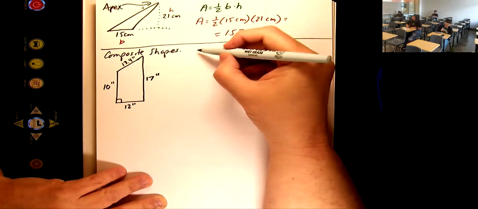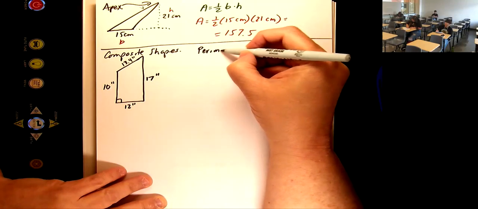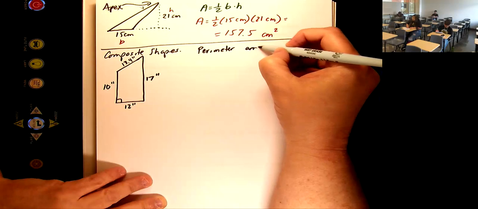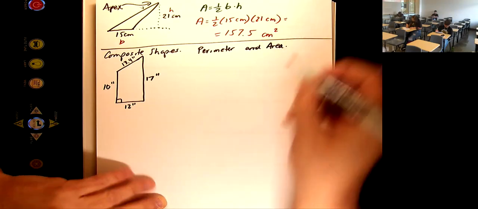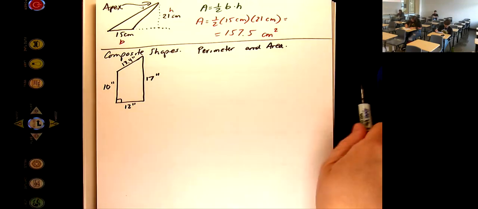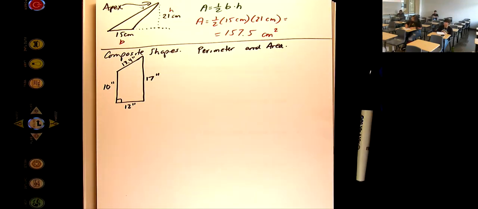And we're going to find the perimeter and the area. We're going to do the area 2 different ways. We'll see if we get the same thing.